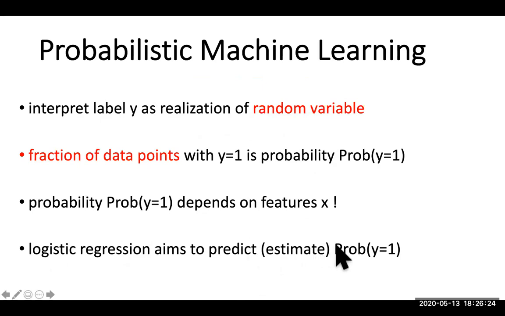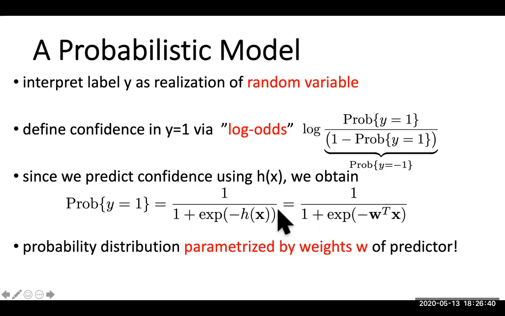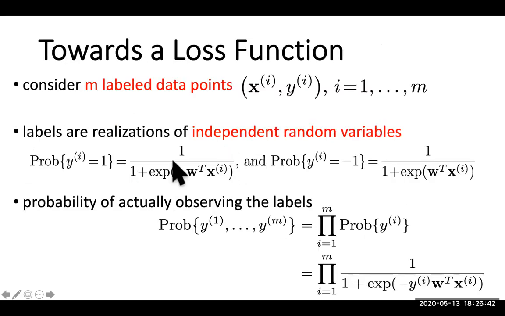In particular, we can choose a loss function that is equivalent to maximizing the probability of the data points that we observe. So once we use this probabilistic interpretation, learning a classifier map is essentially equivalent to maximizing the probability that we actually observe the data points in our training set. I have written out in a bit more detail how this derivation works.